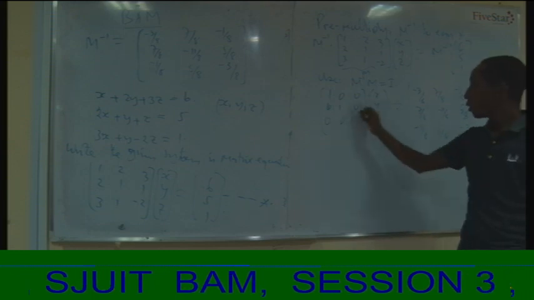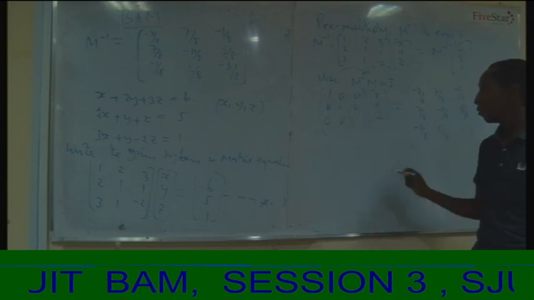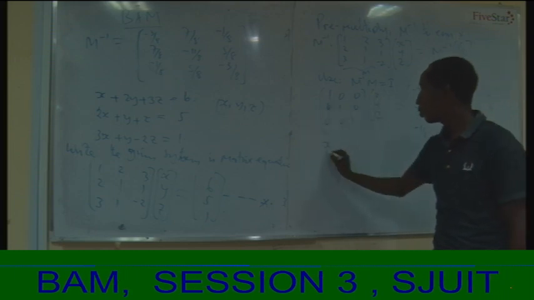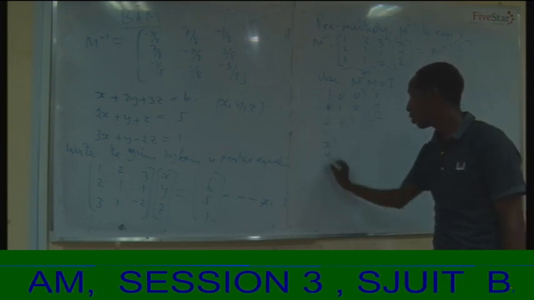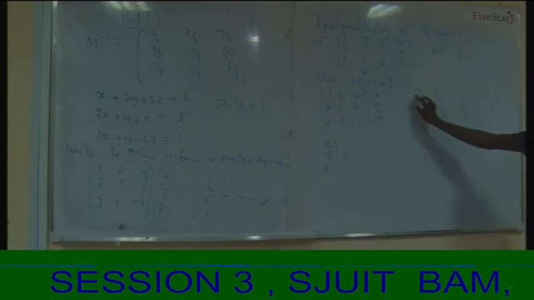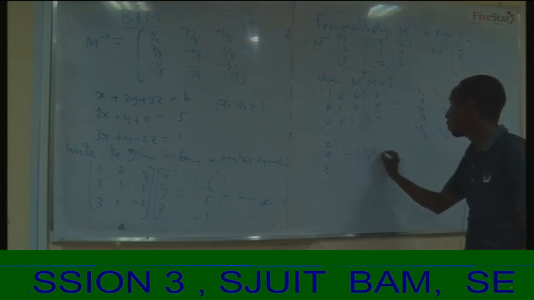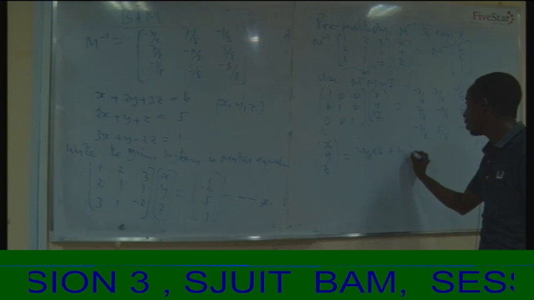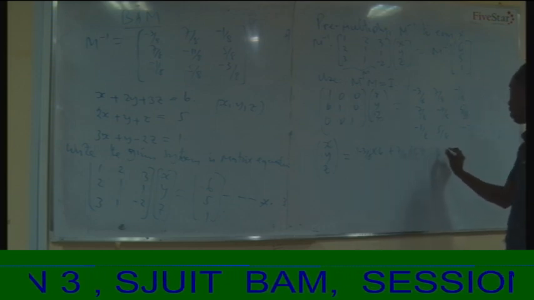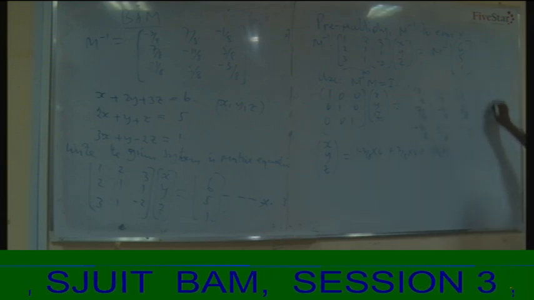And of course, if you multiply this, 1 times x plus 0 times y plus 0 times z, for sure I will get x. If you take the second row multiplying with this, we get y. The third row gives z. This is equal to, we just multiply in a normal way. Negative 3 over 8 times 6 plus 7 over 8 times 5 plus negative 1 over 8 times 1. That is the first row multiplied by the first column.